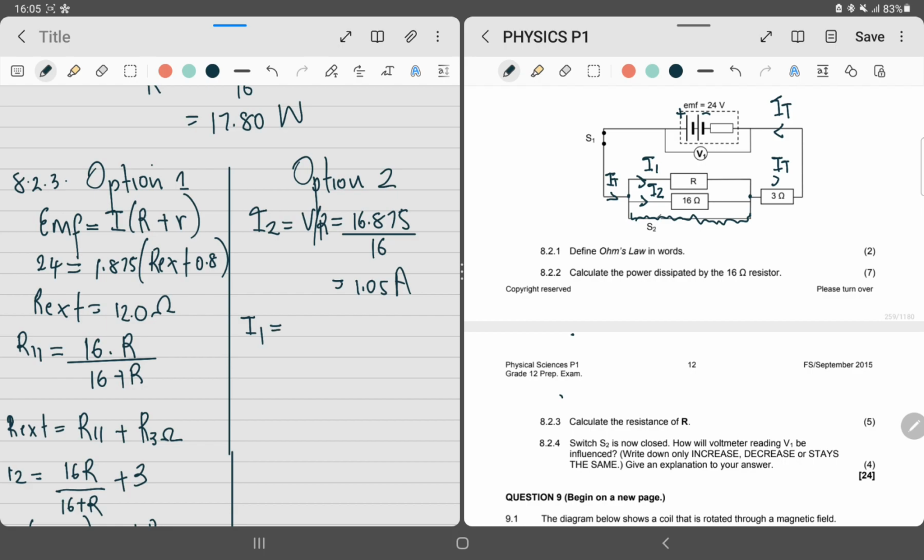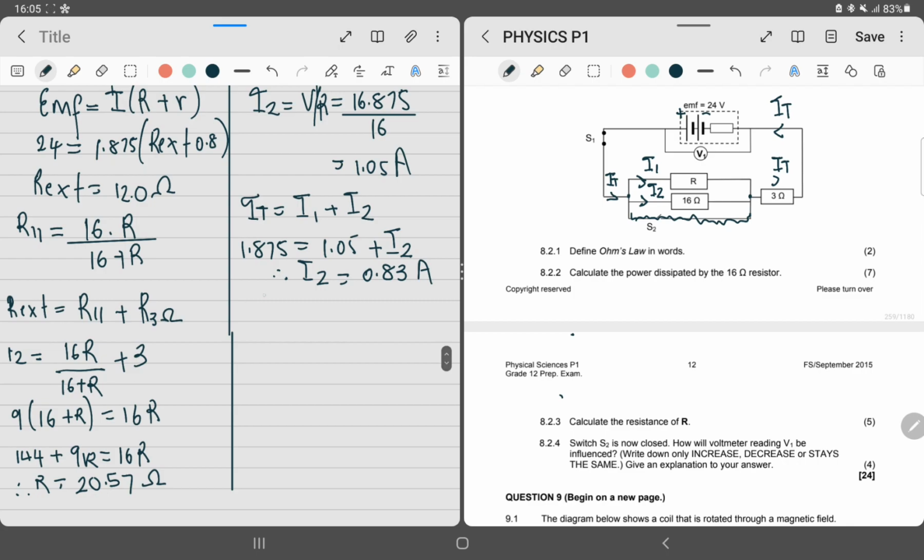And then I1 should be equal to the I total. The I total should be equal to I1 plus I2. I total is 1.875. I1 is 1.05. Therefore, I2 should be equal to 0.83.